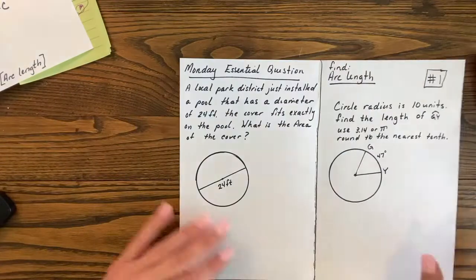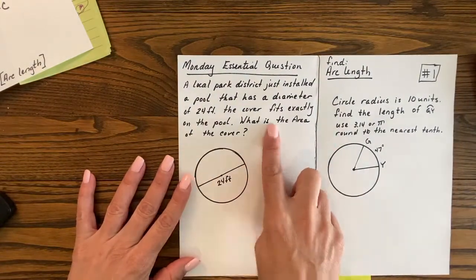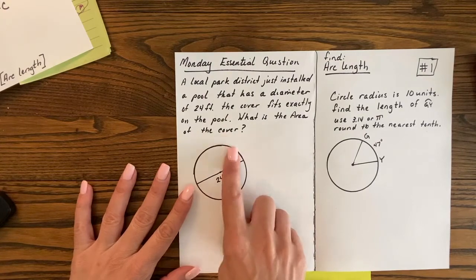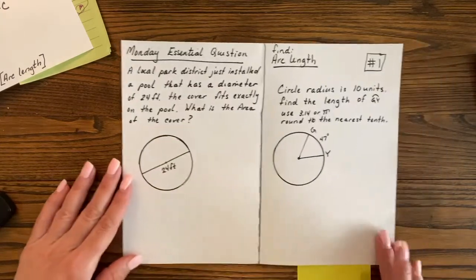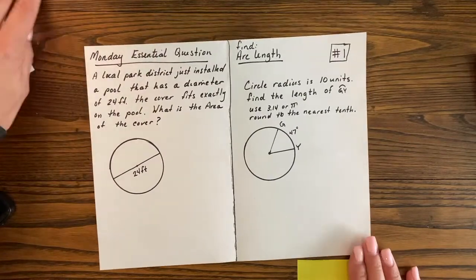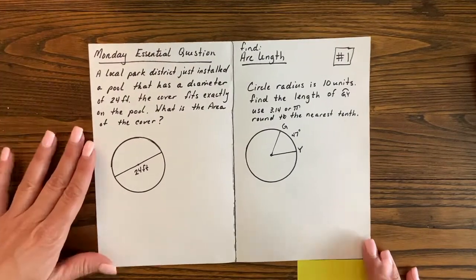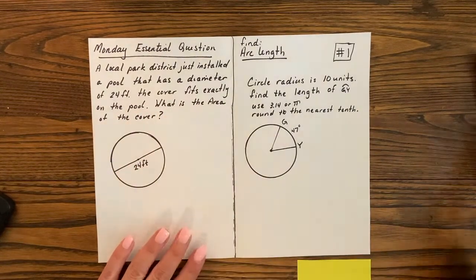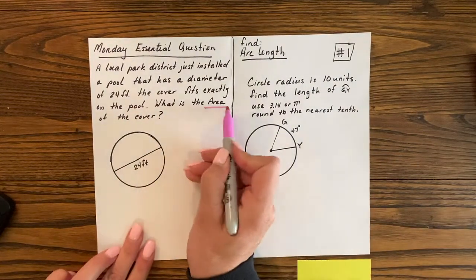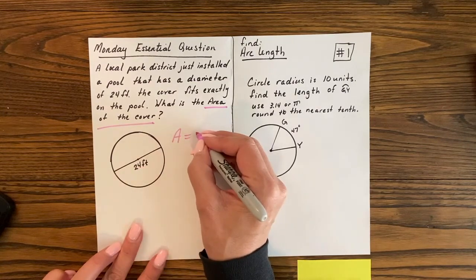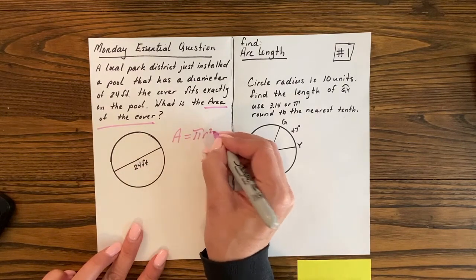All right, so yesterday you started with your essential question, and it asks for the area of a cover of a pool. It says a local park district just installed a pool that has a diameter of 24 feet. The cover fits exactly on the pool. What is the area of the cover? For the area, we need the formula A equals pi r squared.